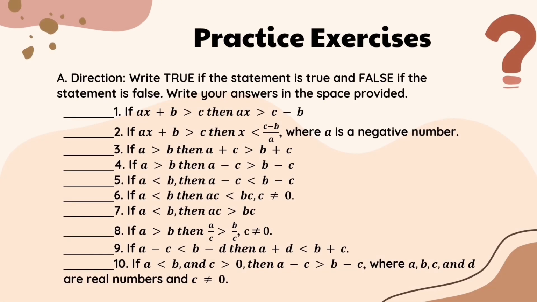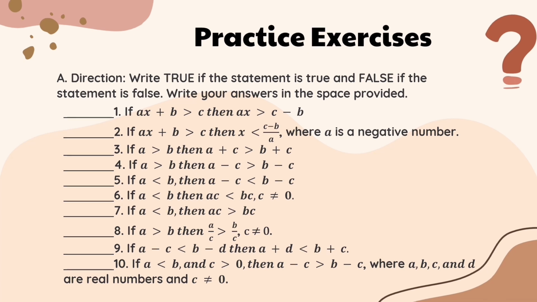And these are the practice exercises. You can pause this video and screenshot, and you can answer these exercises. For part A, directions: write true if the statement is true, and false if the statement is false or incorrect. Write your answers in the space provided.